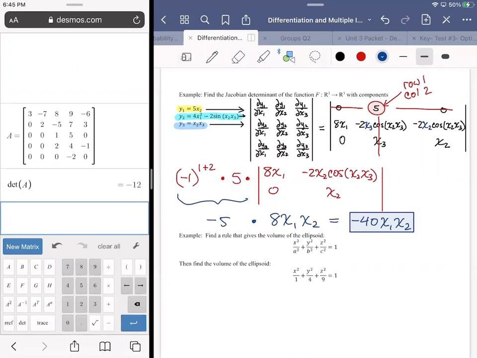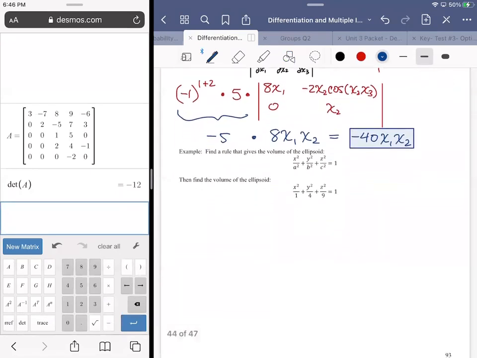So we have the general standard form for an ellipsoid centered at the origin: x squared over a squared plus y squared over b squared plus z squared over c squared is equal to 1. Now, we can actually use these techniques to get us going in the right direction.